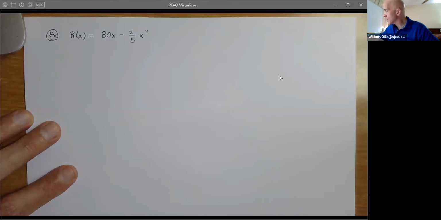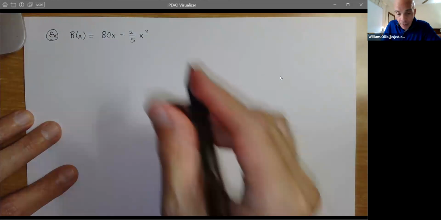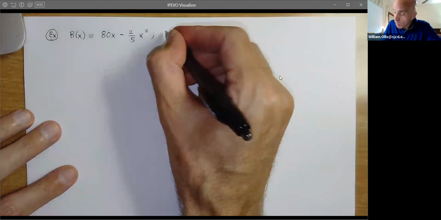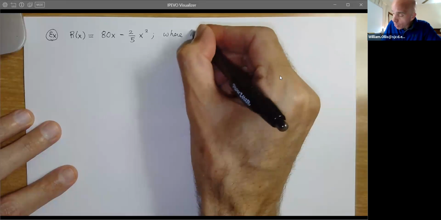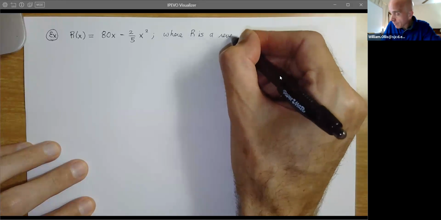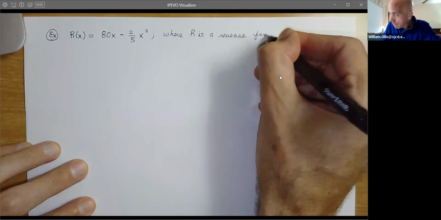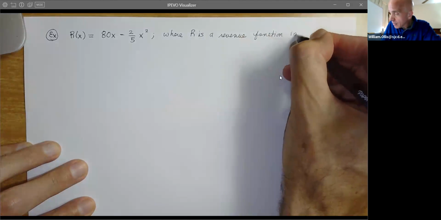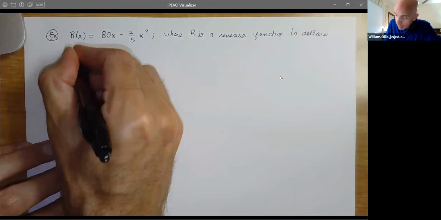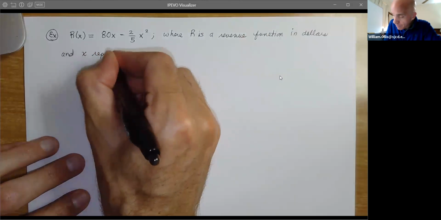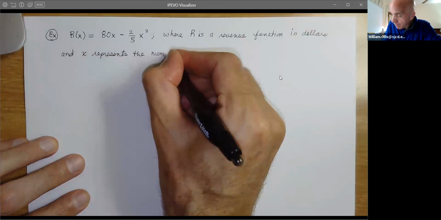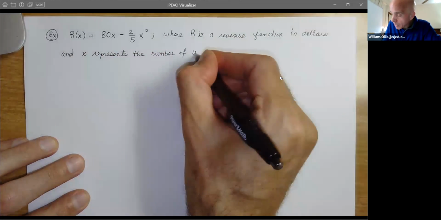Now, what we're going to see is R is going to represent a revenue function, where R is a revenue function in dollars, and x represents the number of units produced.